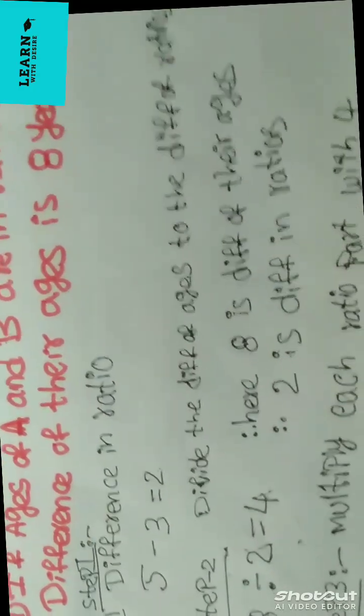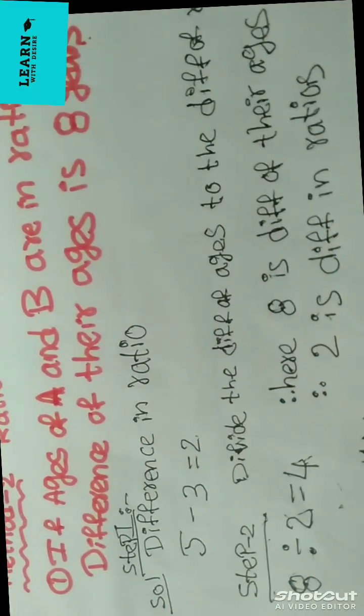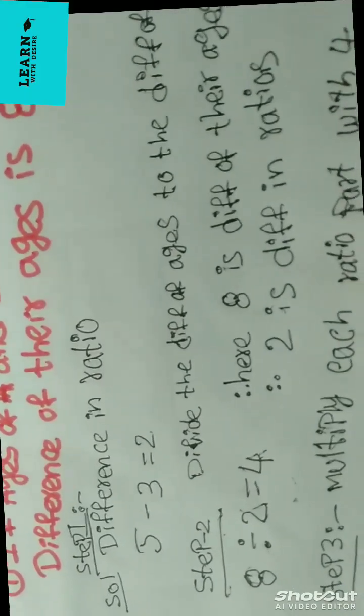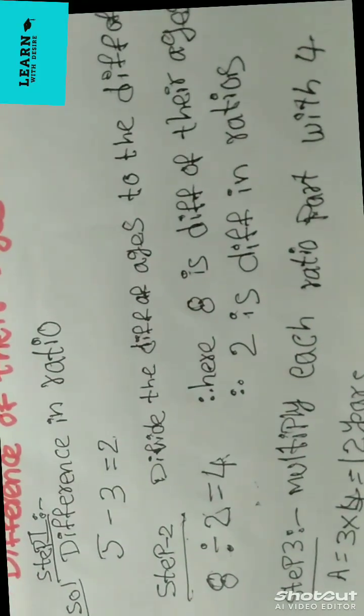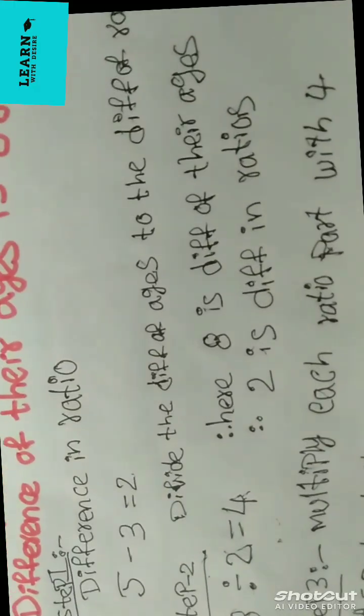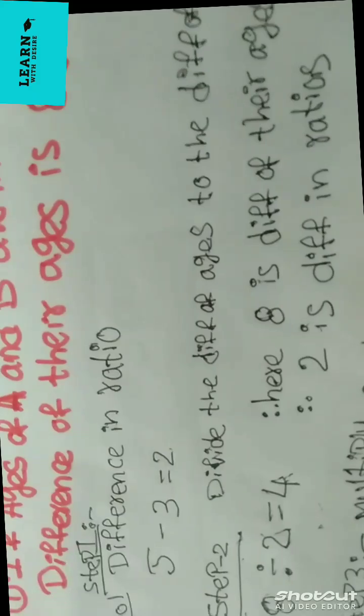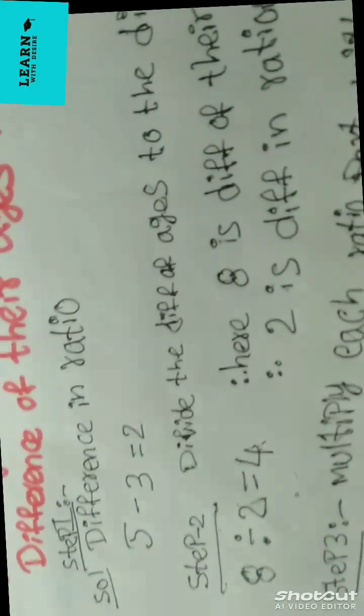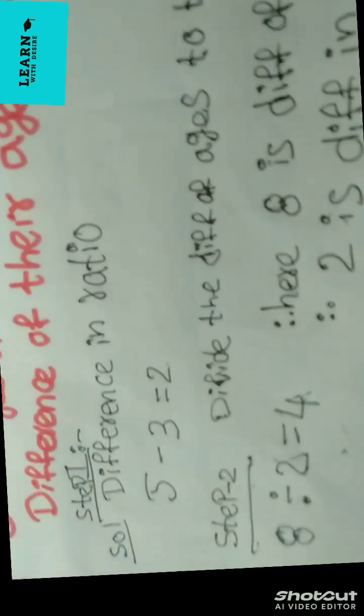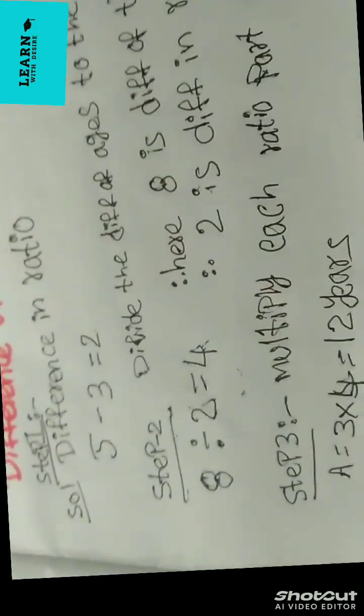That means here the difference of the ages is 8 years. We have to divide the difference of ages by the difference of the ratio. Here, 8 is the difference of the ages and 2 is the difference of the ratios. If we divide 8 by 2, then we get the answer 4.